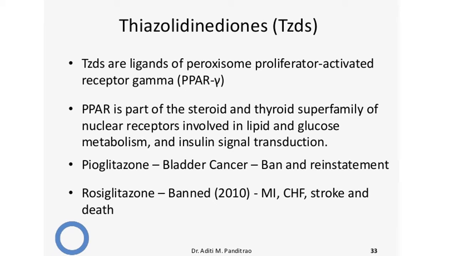Basically, it is a steroid and thyroid superfamily of nuclear receptors, and these receptors are involved in lipid and glucose metabolism and insulin signal transduction. Pioglitazone has been causing bladder cancer, so it has been banned. And rosiglitazone causes myocardial infarction, chronic heart failure, stroke and death, so it also has been withdrawn.